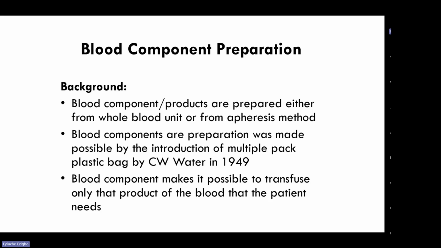For example, a patient that is anemic, you know, the hemoglobin is going down. What he actually needs is red cells. It's not advised for him or her to be transfused with the whole pack of blood. The best practice is to separate the plasma from the packed cells and then give the patient the red cells, the component of the blood that is needed to manage the condition.